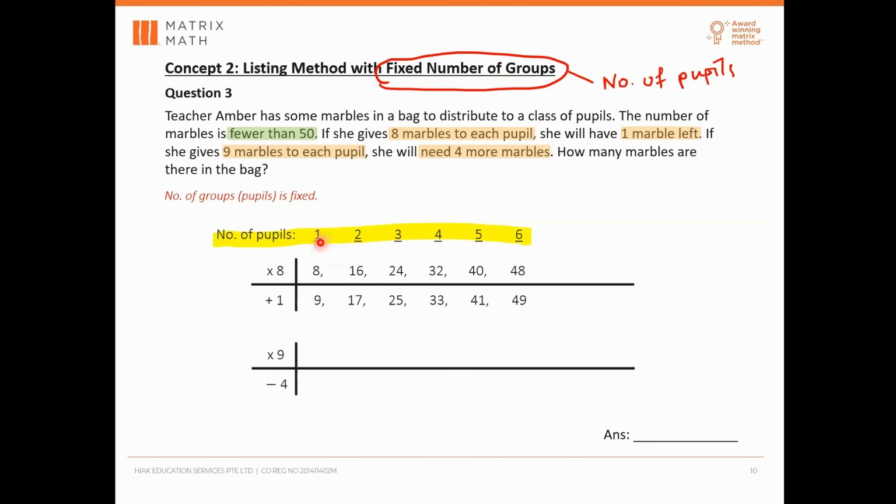So you have to put it in line again. If there's 1 pupil, this will be 1 times 9. Then if it's a shortage, you minus 4. So you list down your multiples of 9 first. Multiples of 9: 9, 18, 27, 36, 45, 54. Then minus 4. Every number you minus 4.